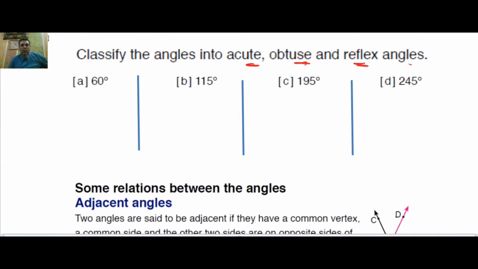In this example, classify the angles into acute angle, obtuse angle and reflex angles.